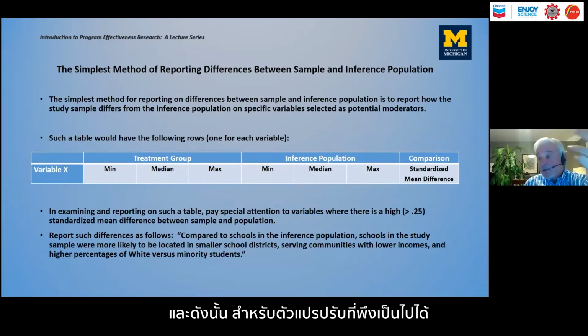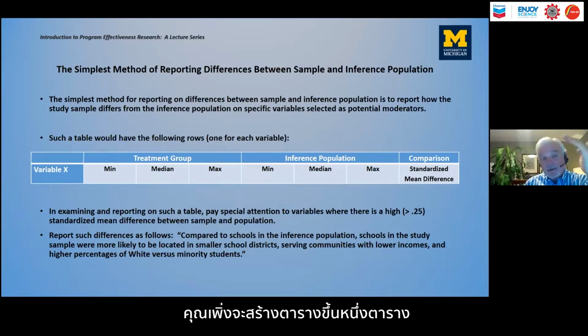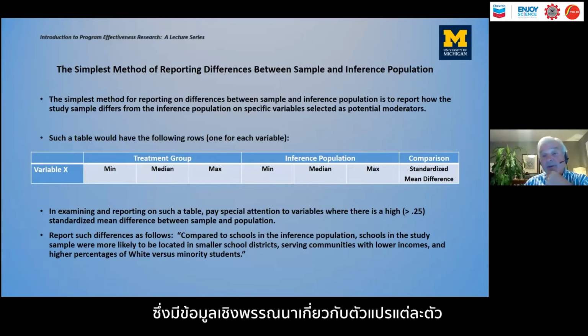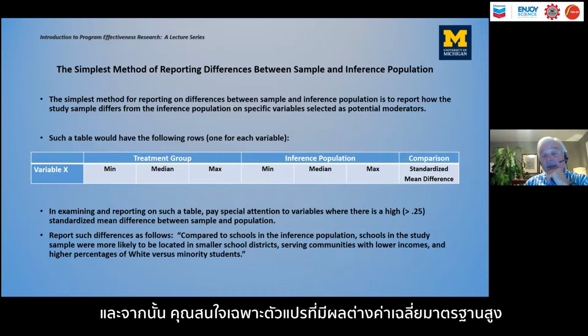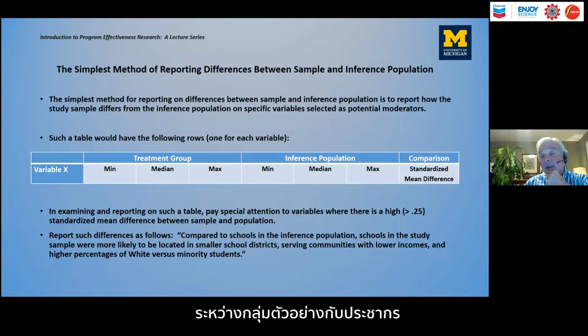And so for each of these potential moderators, you just create a table that has some descriptive data about each of the variables. And then you focus on specific variables where there's a high standardized mean difference between the sample and the population, and you report those differences to your readers.